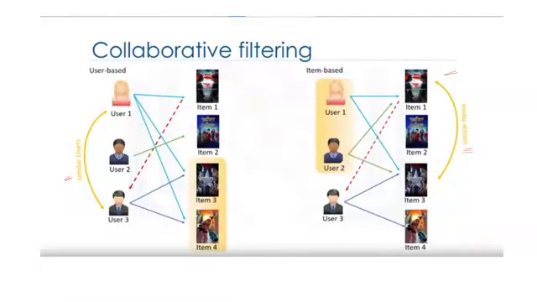If more users have liked this item and that item, then these two items would be similar to each other. So based on the ratings, based on the common users who have bought these particular items, the similarity between the items will be calculated.